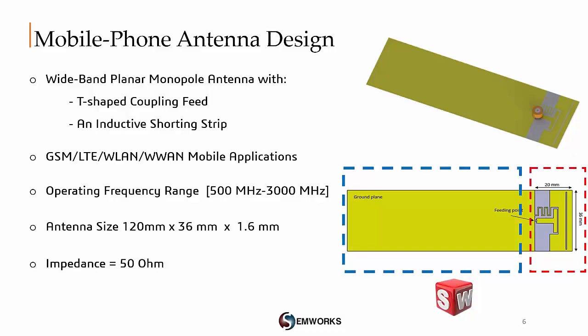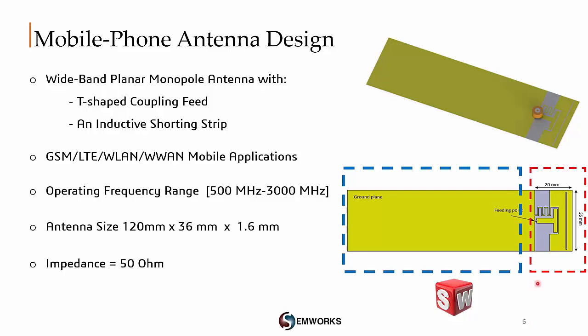Now let's introduce our studied antenna for mobile phone application. It is a wideband planar monopole antenna operating from 500 MHz to 3 GHz and covering, as already mentioned, the GSM, LTE, WLAN and WWAN mobile application bands.